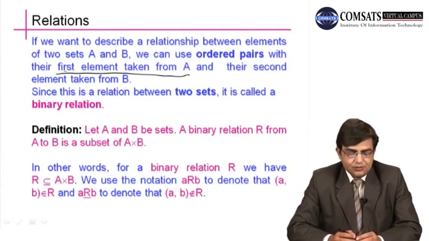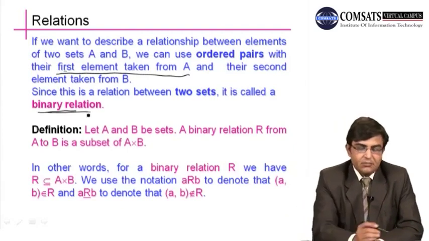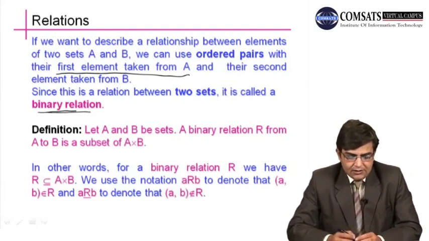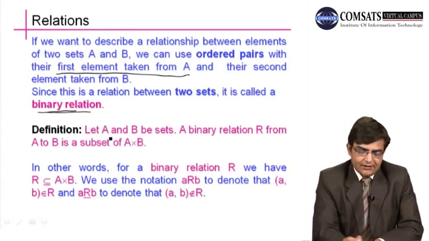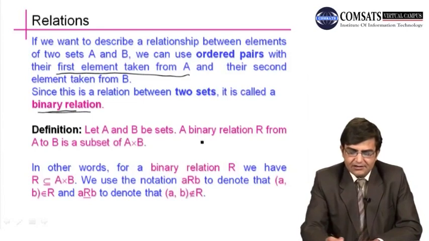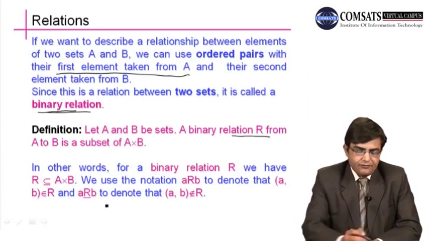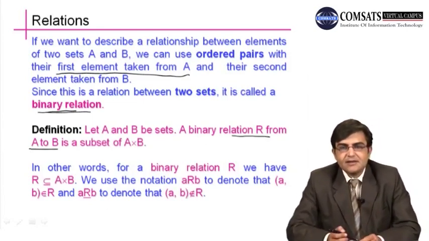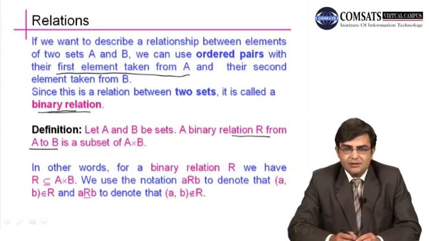In the relations we use two sets, therefore we call them a binary relation. Binary means two. So now the proper definition of relation: let A and B be two sets. A binary relation R from A to B is a subset of A cross B.